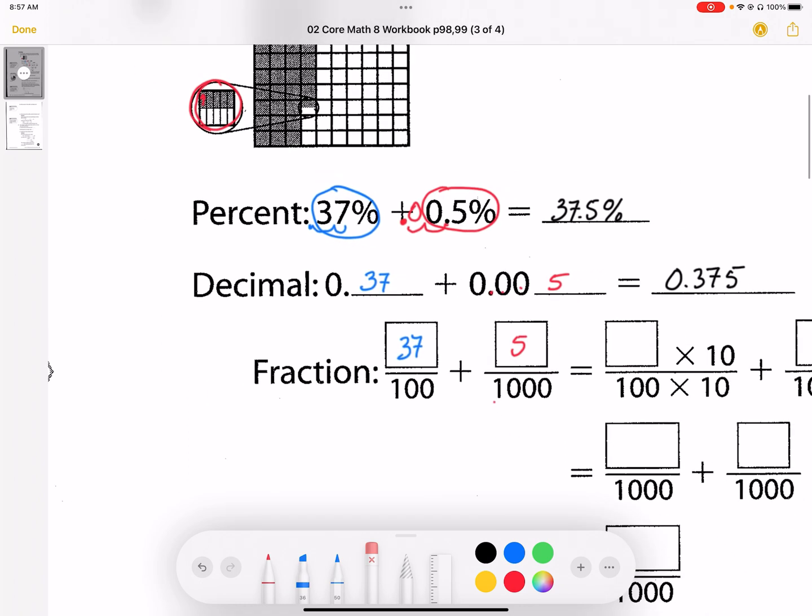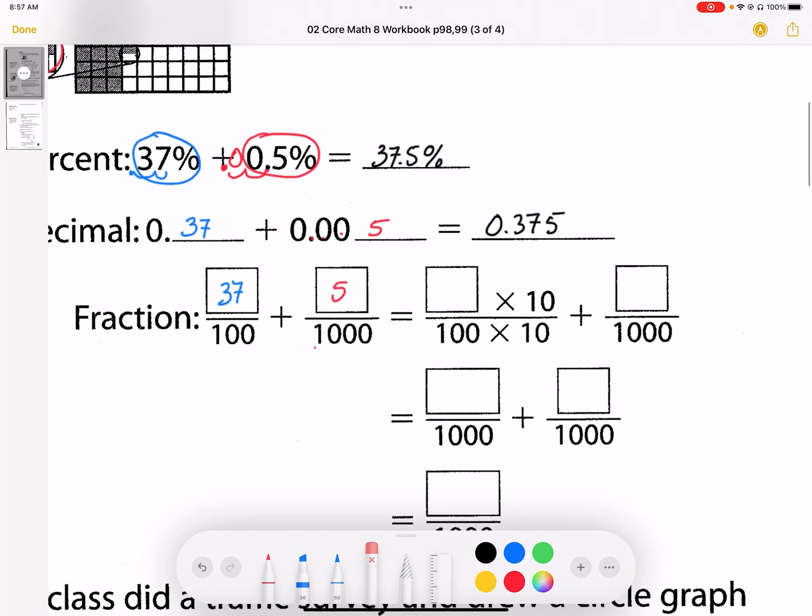And then we can add these together by getting a common denominator. The common denominator is going to be 1,000. So to get the 1,000 for this fraction, we're going to take 37 out of 100 times top by 10, times bottom by 10. Oops, this is for the other fraction, sorry.